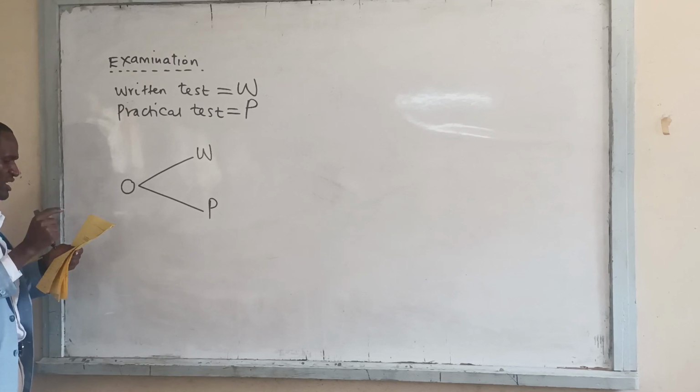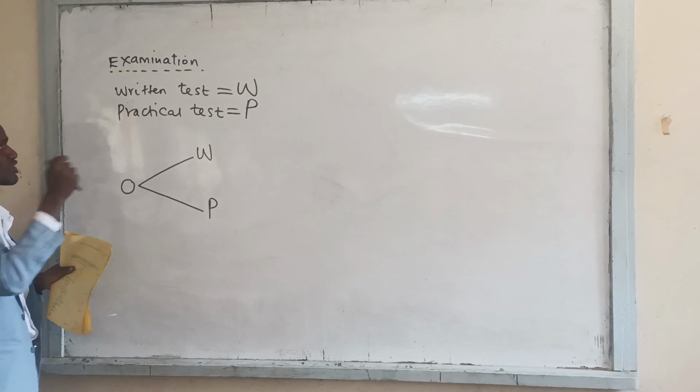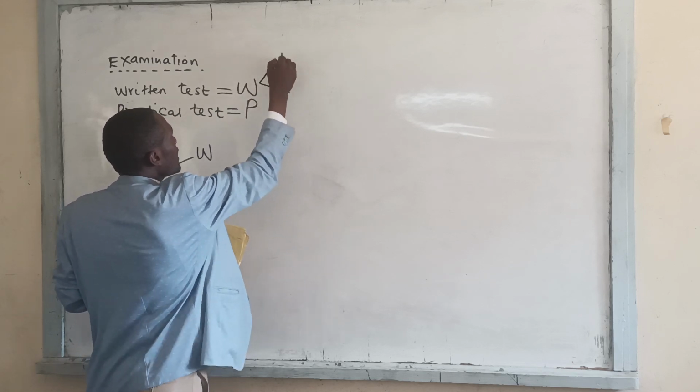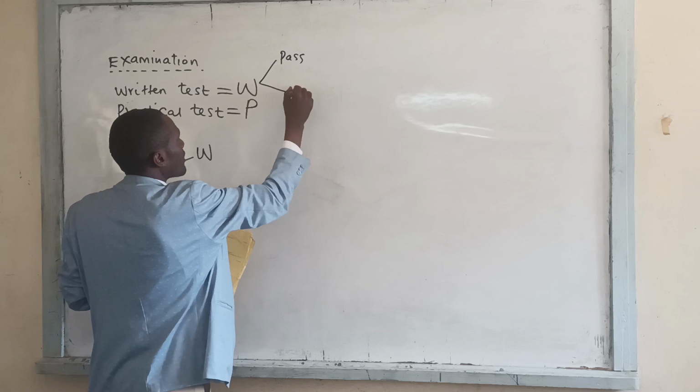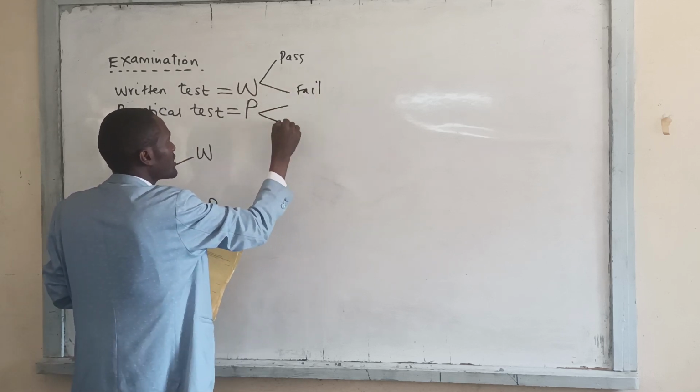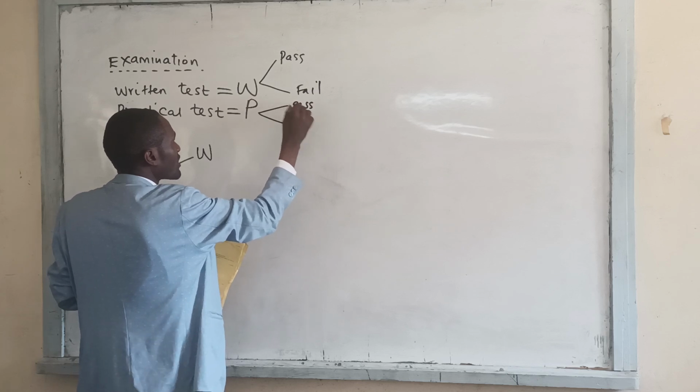Now, the probability that a candidate passes the written test. In this written test, there are two possibilities: you either pass or you fail. Even in the practical test, you can either pass or fail.